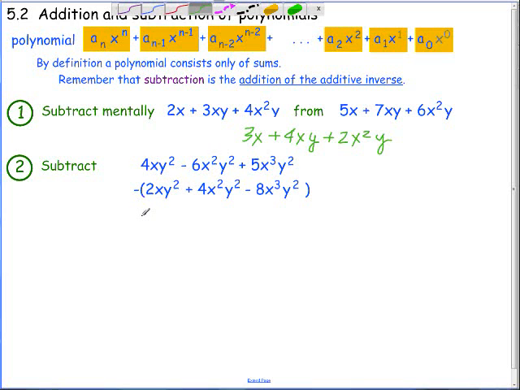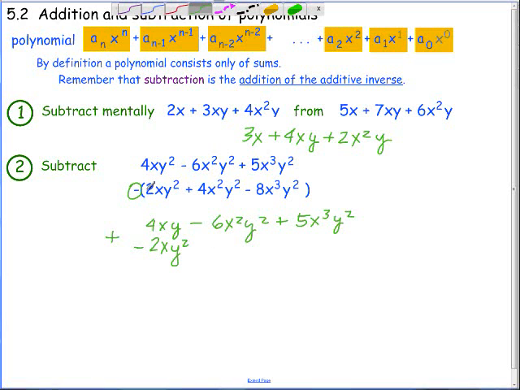I'm going to subtract this, and I'm going to do it by converting from subtracting this polynomial to adding. What is it called again? The additive inverse. It's funny how you think about addition and subtraction of polynomials, how simple that is, but some of these concepts might be new or we haven't seen them in a while.